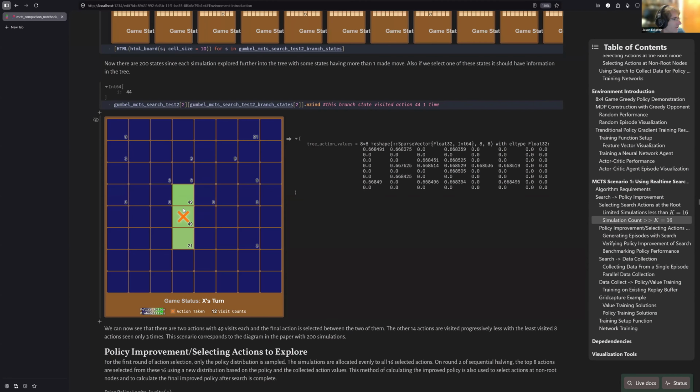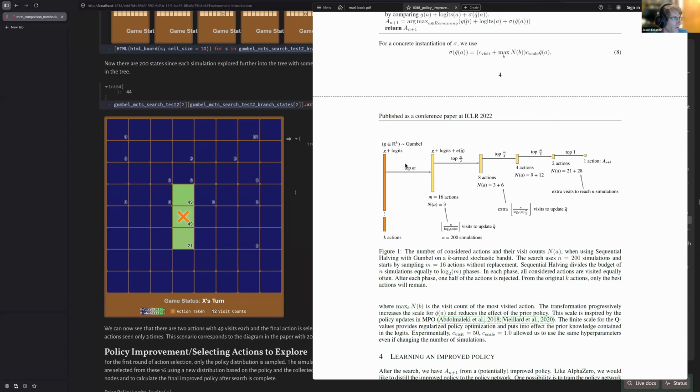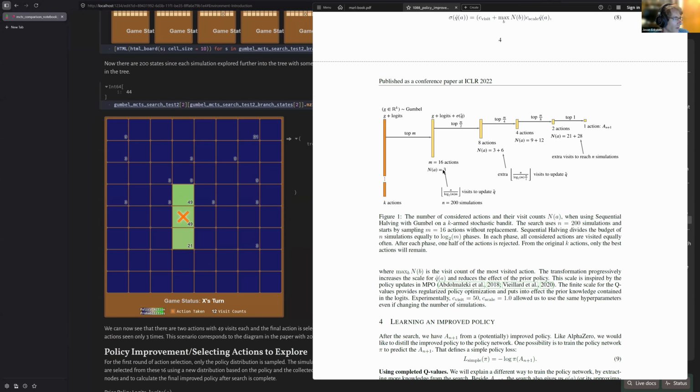So at the end of this process, the best action was selected from these 2 actions that were left after the halving procedure that each have 49 visits each. We can see this matches what is described here in the paper, where I chose the same parameters here, 200 simulations, 16 actions.